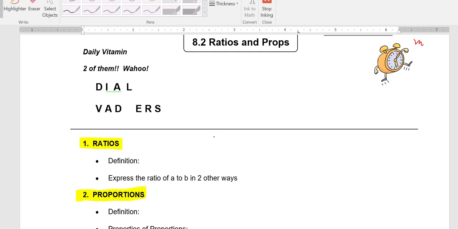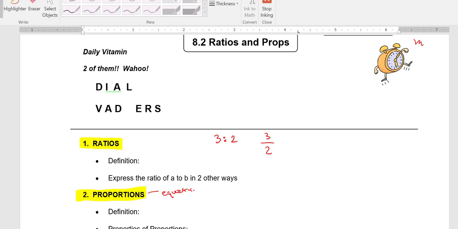Ratios are basically fractions. Okay, so a ratio is like 3 to 2. It can be written like this. You can also write it like this: 3/2. That would be a ratio. Proportion is basically an equation.